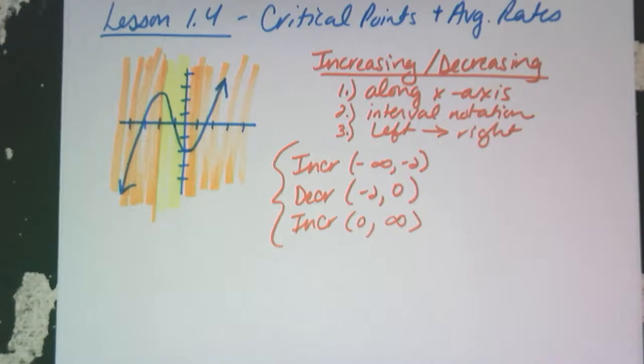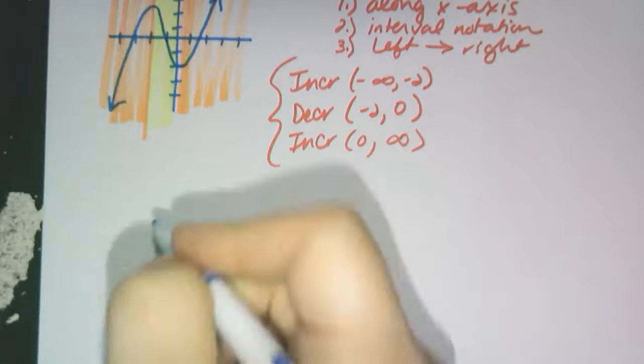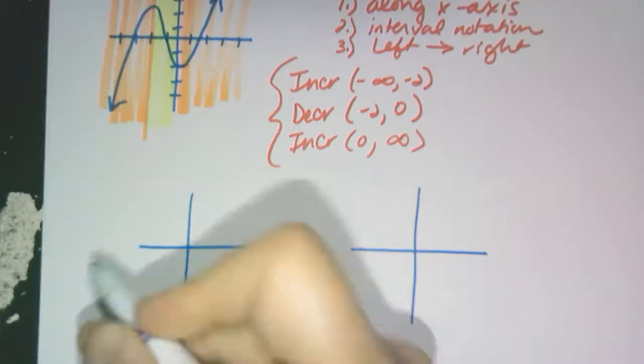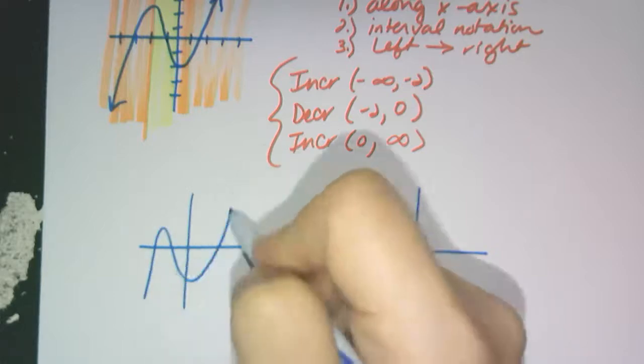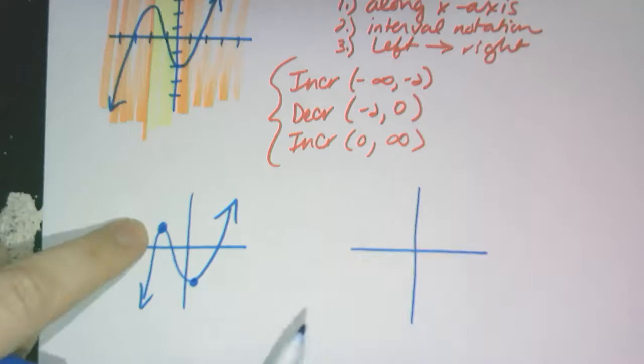But they also have special names, and I think you remember this from Algebra 2. If you have a picture like what I just showed you, this point right up here is a high point on the graph, but it's not the highest. Would you agree? It is a high point, but it's not the highest.